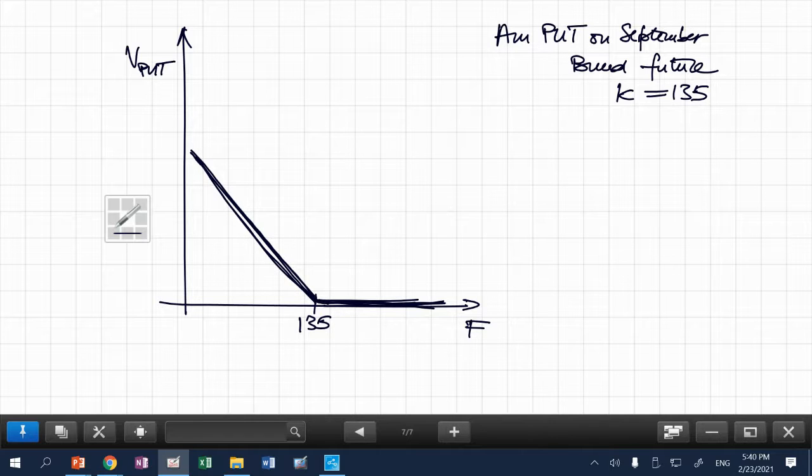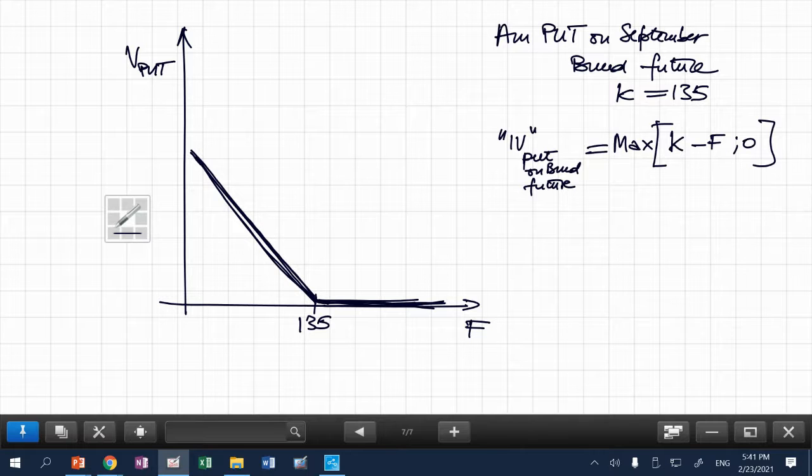And again, this slope would also be the minimum value that the American put option must have at any possible date. So my modified version of intrinsic value for the put option here on the Bund future would have an equation which is the maximum between K minus F or 0.